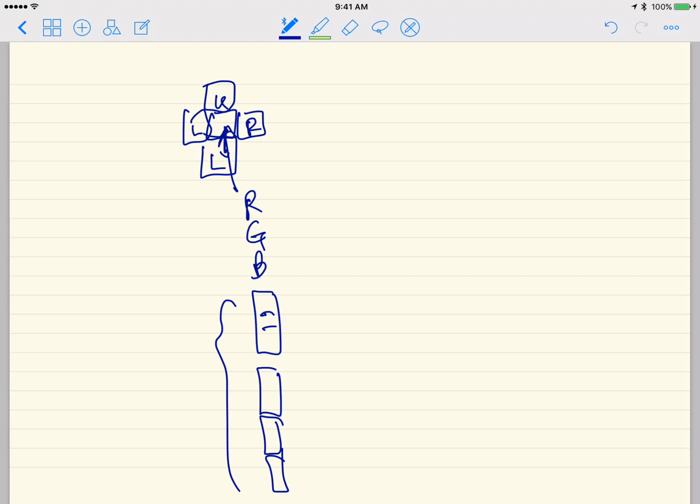So this is called a pixel difference, and it is also called a gradient as well. Okay, gradient.